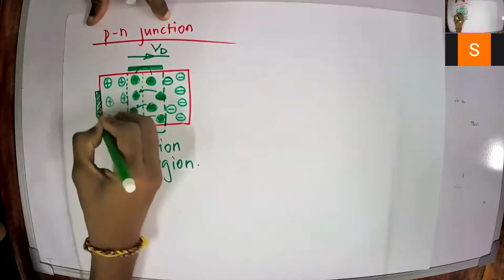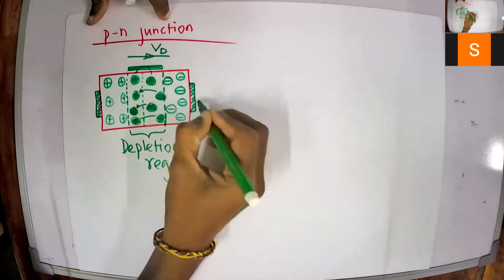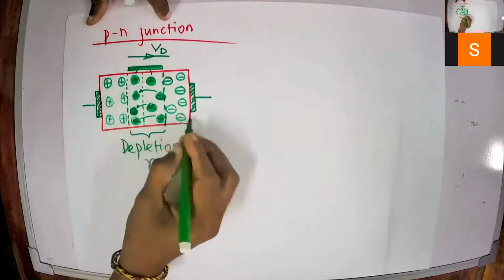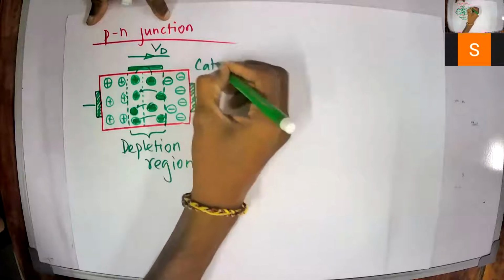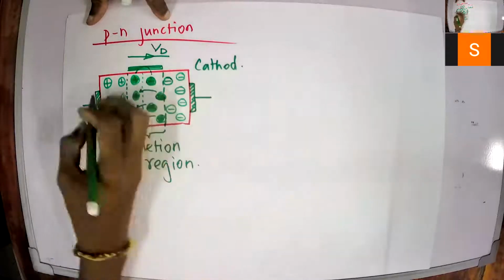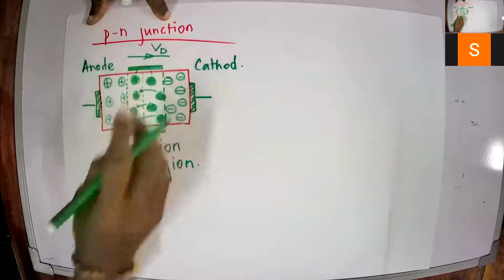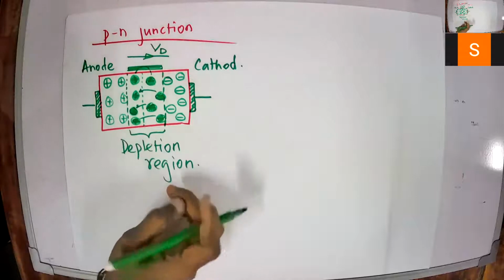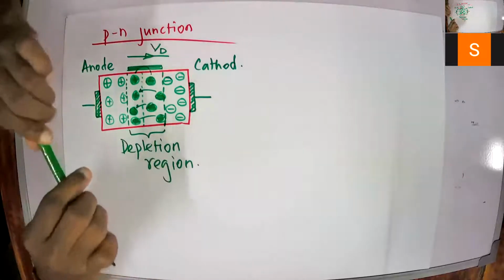We can have ohmic contacts here and here. Since this is the negative carrier side, we can call it the cathode, and the positive side we can call the anode. This PN junction can be called a diode, or a PN junction diode.